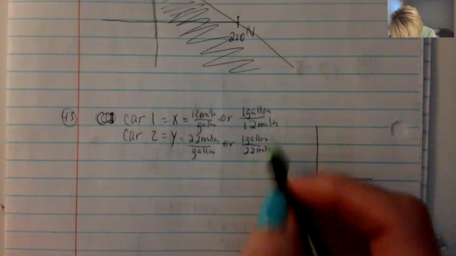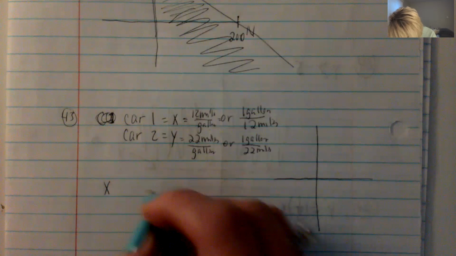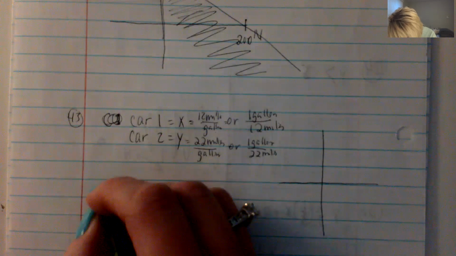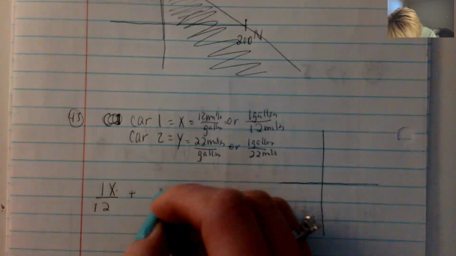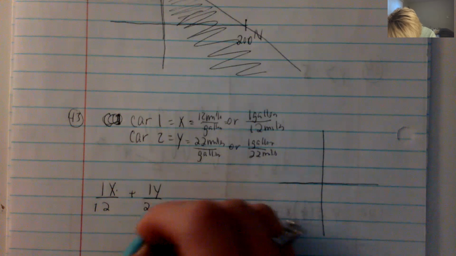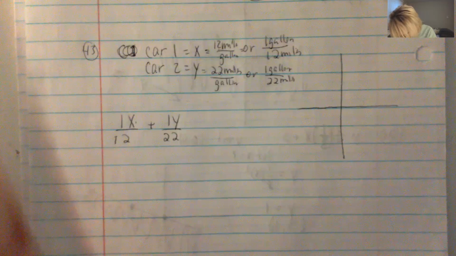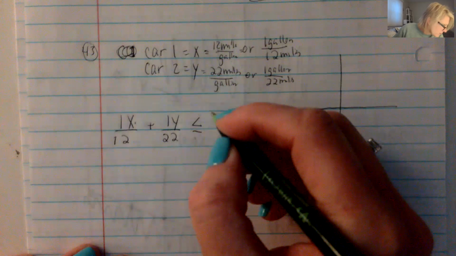So that when I multiply the X miles, right, because X is in miles, times 1/12 plus the Y miles times 1/22, I can get them to be under, we want it to be under or less than or equal to 30 gallons.